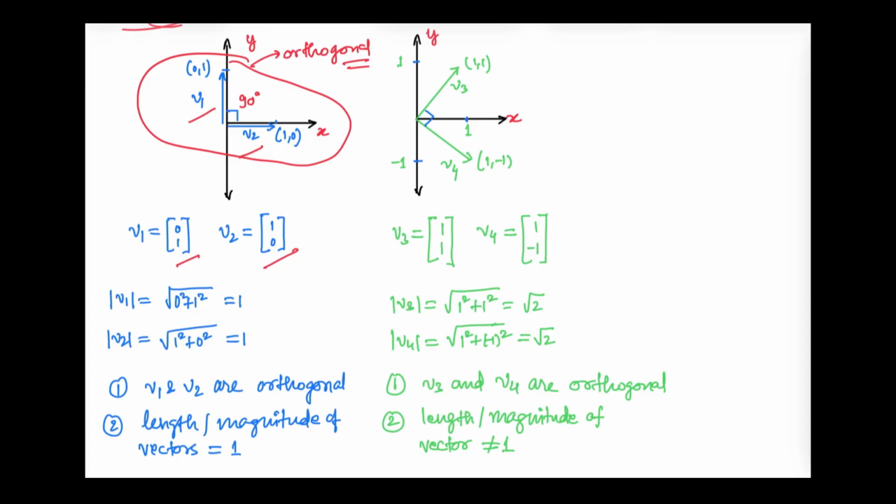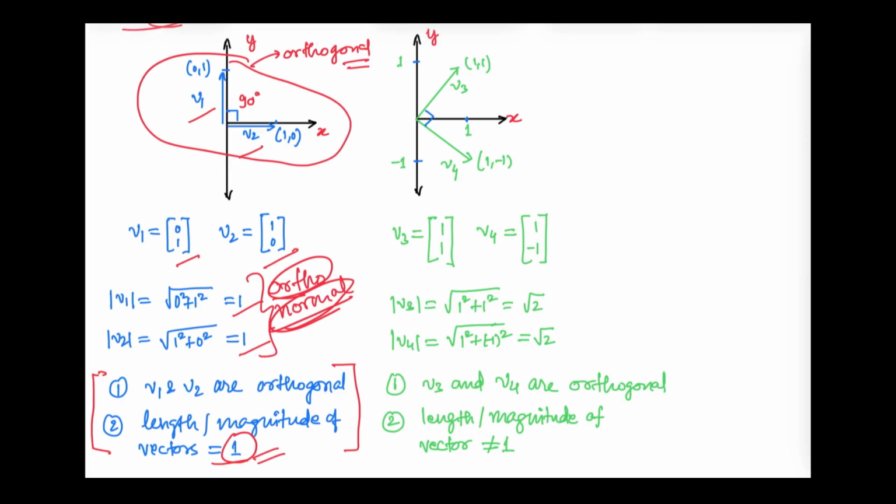The second component we have to check is whether their magnitude, or length, is 1 or not. This can be done by finding the magnitude of the vectors v1 and v2, and both of them have a magnitude of 1. So we see that v1 and v2 are orthogonal and their magnitude is 1. If both conditions are satisfied, then we say that the vectors are orthonormal. So orthogonal plus the vectors being normal.